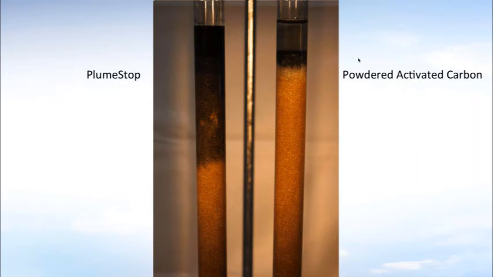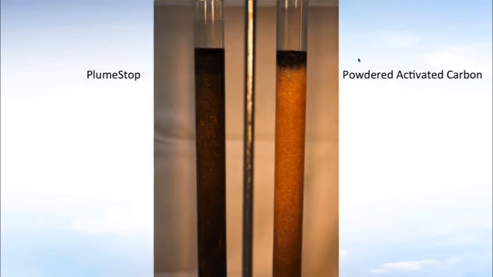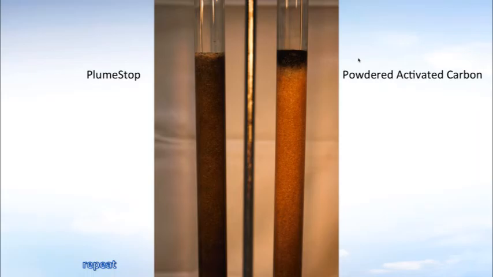So as your screens slowly refresh and show this, you'll notice the difference between the column on the left and the column on the right. A total of 3 pore volumes of water went through each column. But as you can see in the PlumeStop column, the carbon was simply just flowed through the column and left a coating, more or less like ink. And as an ink, the material that's left behind is stuck fast as the bead of ink continues to flow until there's no ink left.